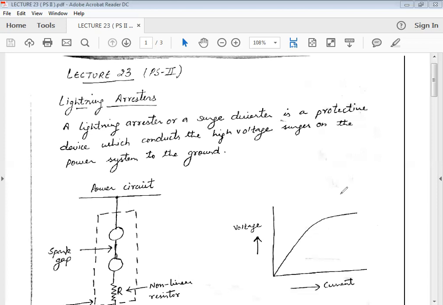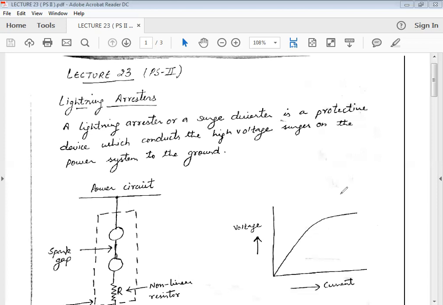We had discussed that there are three most commonly used protection schemes against the surges caused by lightning. These three protection schemes are the earthing screen, the ground wire, and the last one, the lightning arresters.